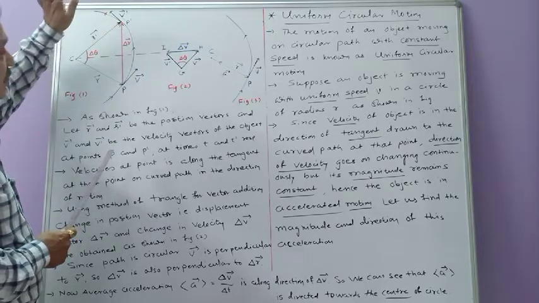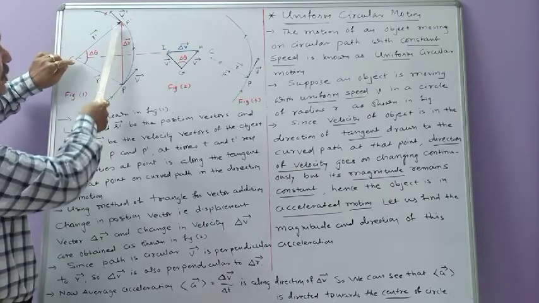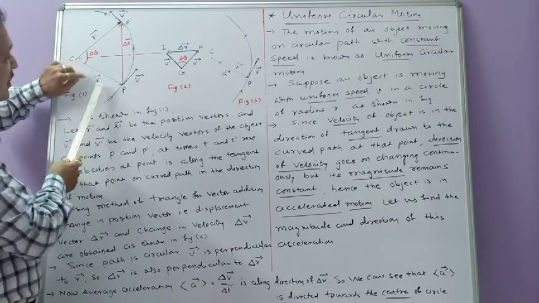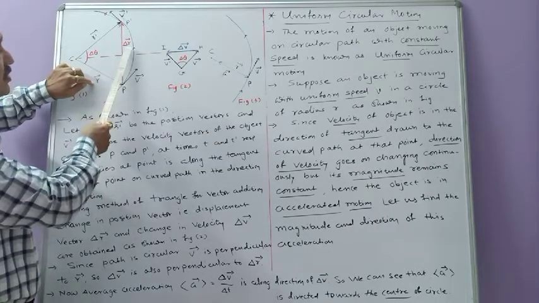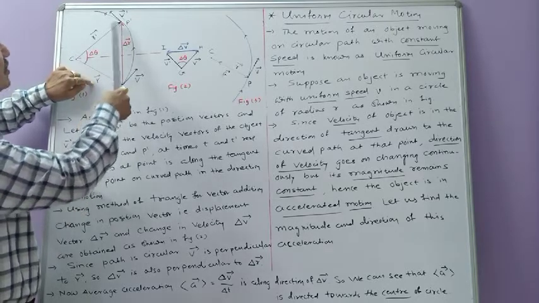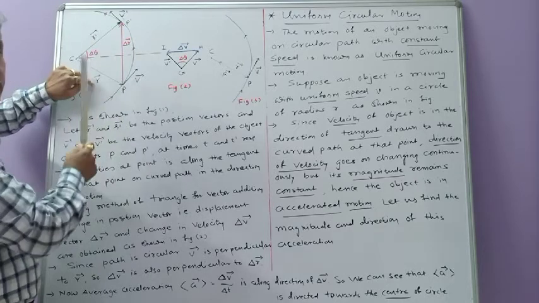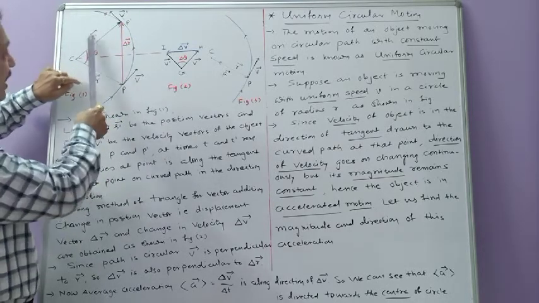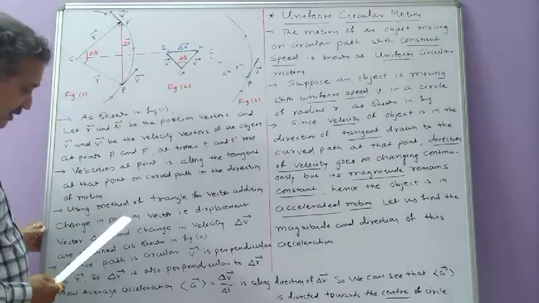According to the method of triangle, vector CP plus PP dash equals vector CP dash. Vector CP is r. I denote PP dash as delta r, and this CP dash is r dash. So vector r plus delta r equals r dash, which means delta r is equal to r dash minus r, and r dash minus r is the change in position vector.